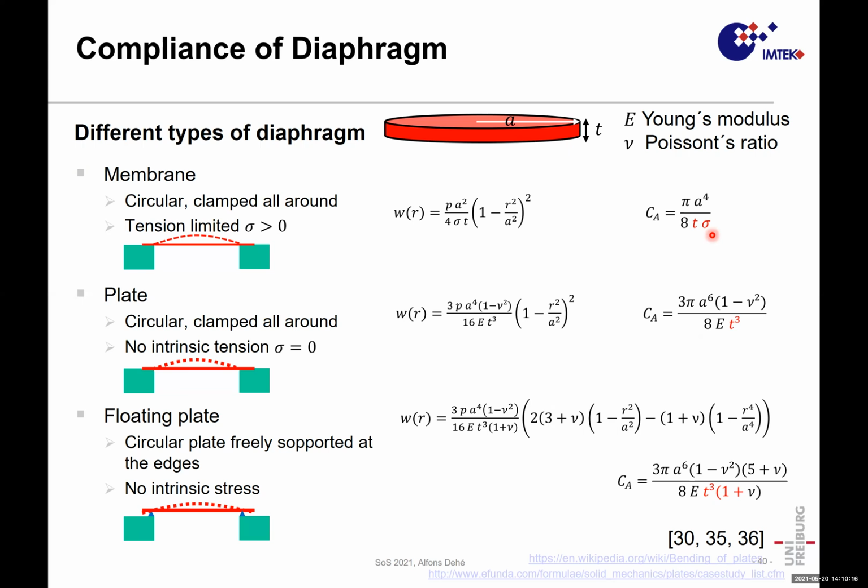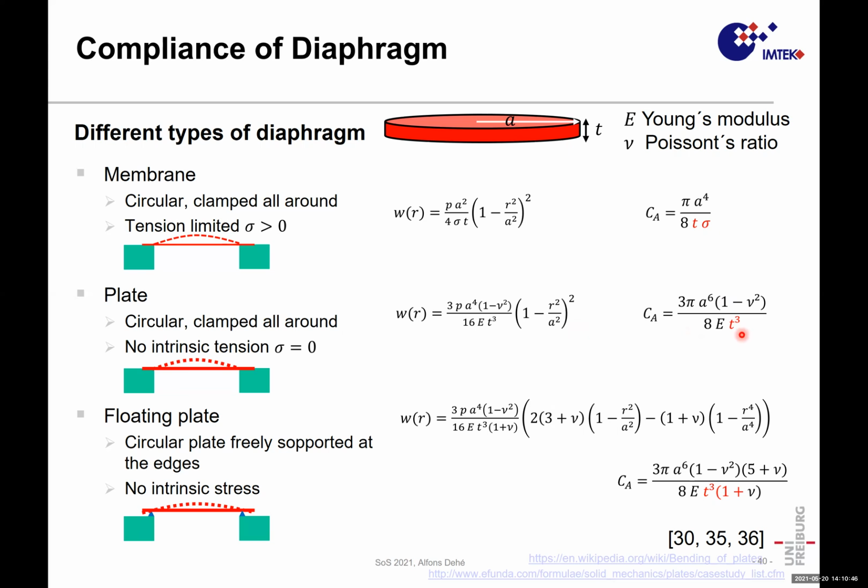So people have sought to make a diaphragm without stress. Then we call this a plate. If you have a circular all-over clamped diaphragm, which has no tension, so it's just bending, then you get a respective compliance, which is inverse proportional to the third power of the thickness. So if you halve the thickness, you increase your compliance 8 times.